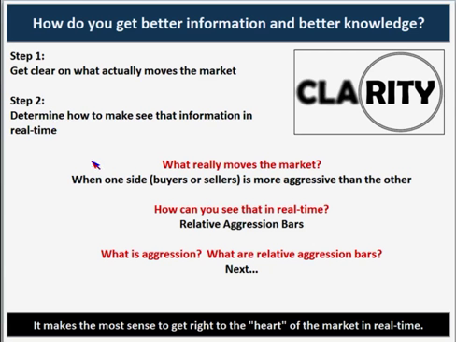What really moves the market is when one side, whether that's buyers or sellers, is more aggressive than the other. And we have a tool called relative aggression bars that can help you see that in real time. So many people use so many different technical indicators and different tools, and I'm not saying there's not a place for that. There is a place for that. But in our opinion, you get the most clarity if you can really hone in on what really moves the market, and that is aggression.